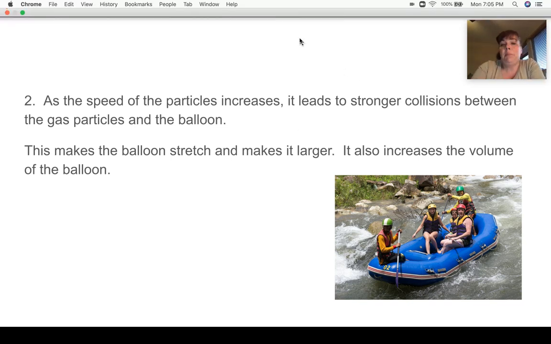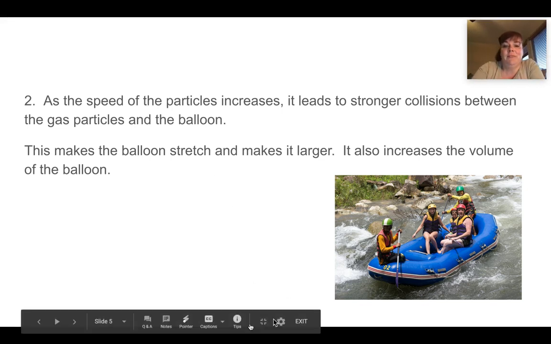This happened because when the sunlight hit the sides of the boat and heated up the air inside the boat, it let the particles increase in speed, causing stronger collisions between the gas particles and the boat, and it would make it stretch. And when something stretches to the point where it can't stretch anymore, all righty.